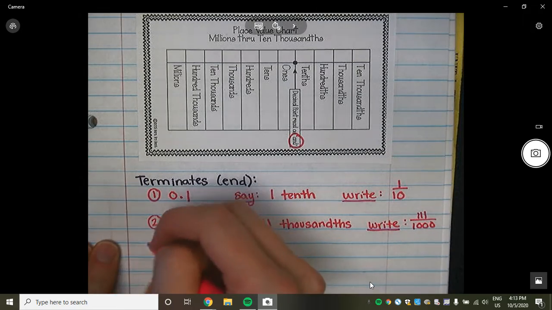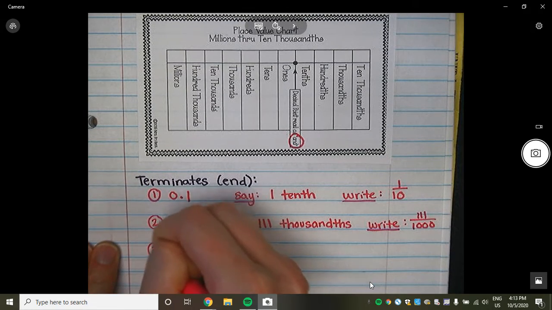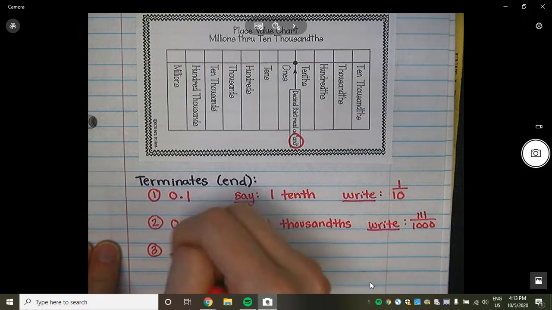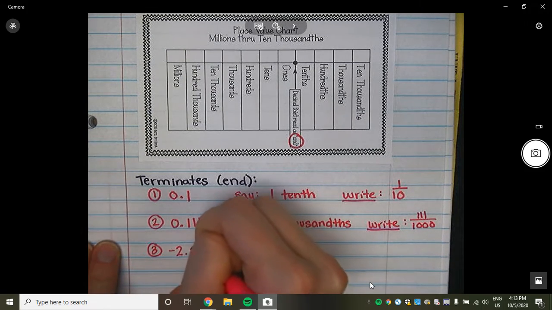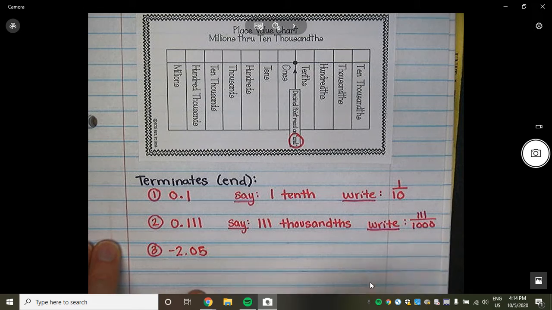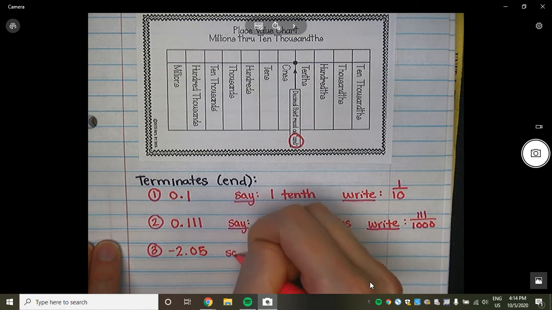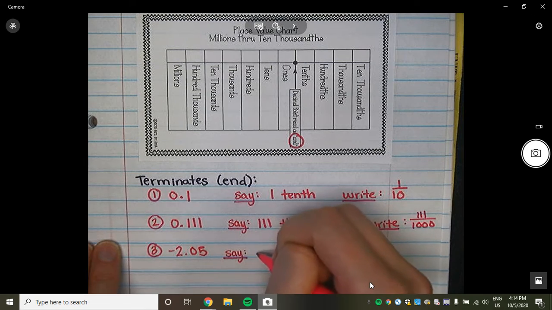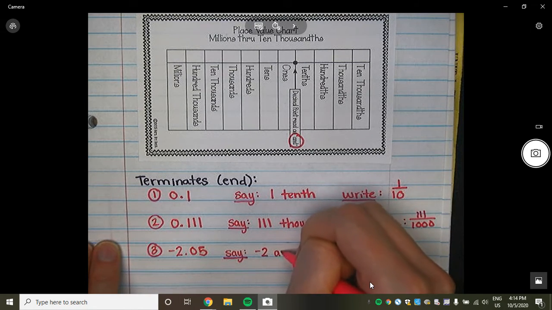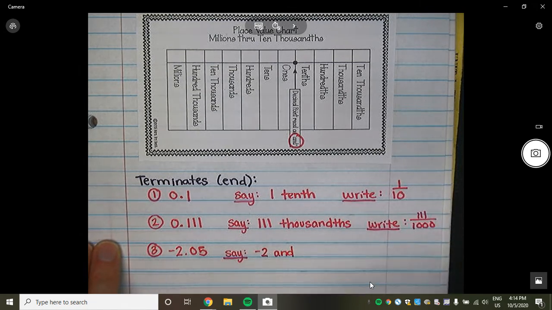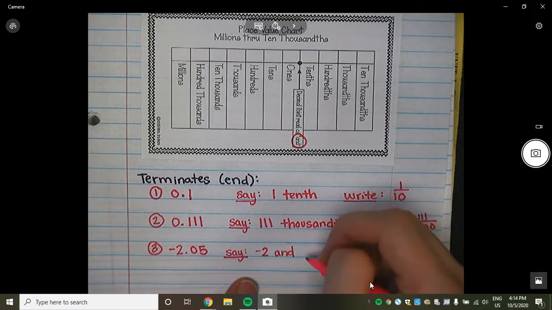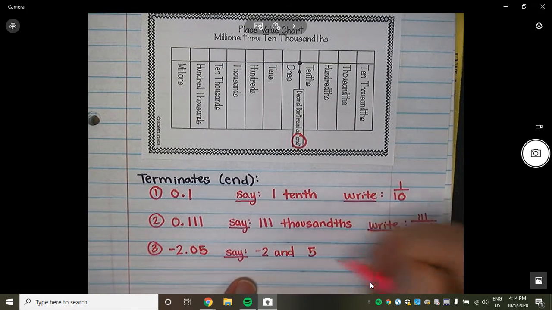So last one, before I give you some to try on your own, number 3 is negative 2.05. So we say negative 2 and, because that gives us the decimal place, and we have 5 what?